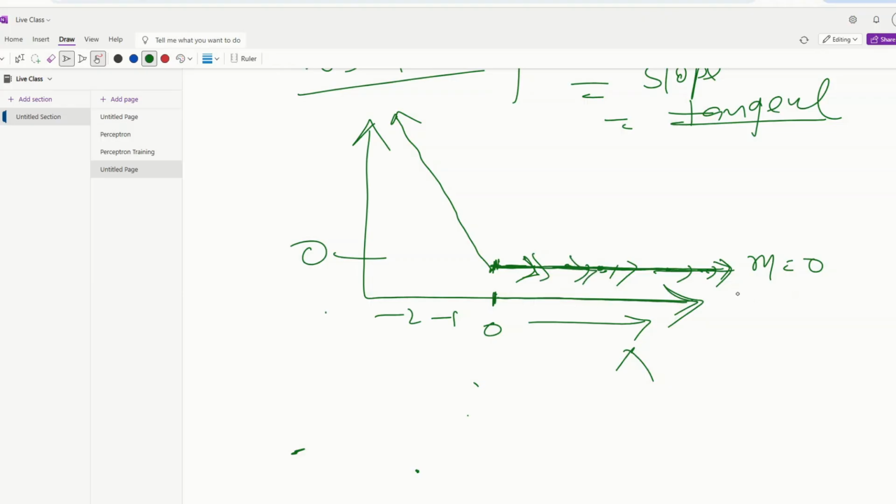It means that if my x is increasing, suppose x is 0 here, x is 1 here, x is 2, x is 3, x is 4, my x is changing, but my slope is not changing. There's no change. m is constant.